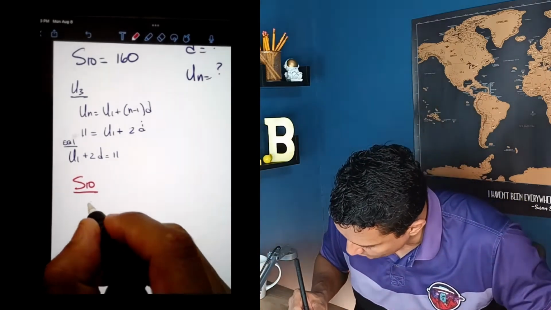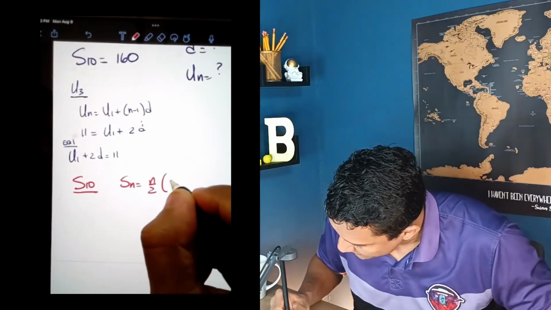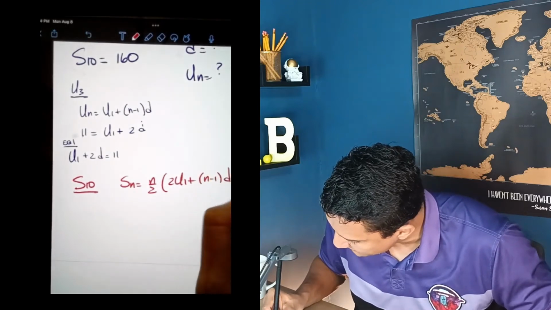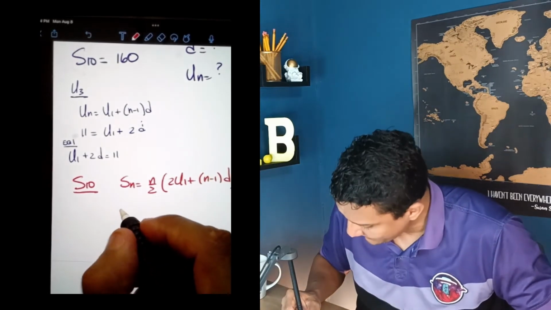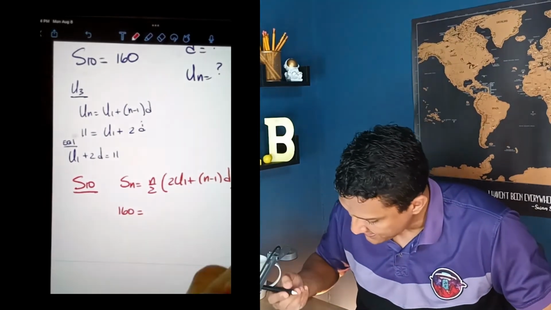I know that formula is Sn equals n over 2 times (2u1 plus (n minus 1) times d). I know that S10 is 160, and I know that n is 10.